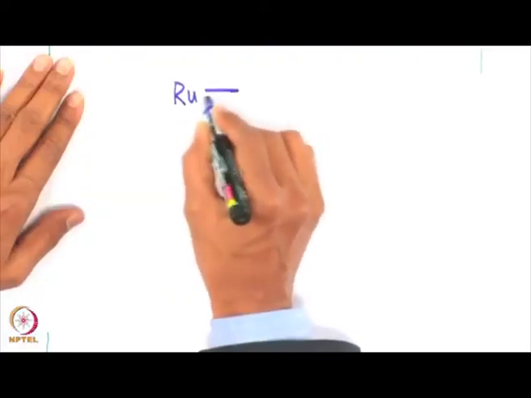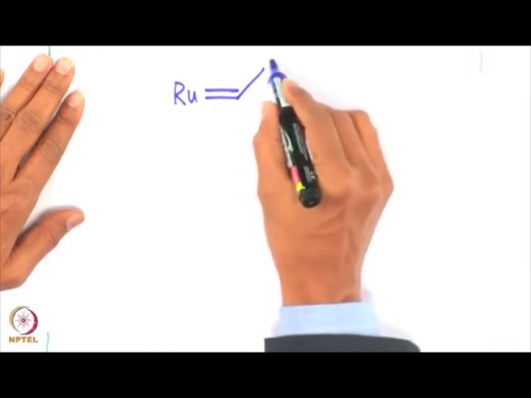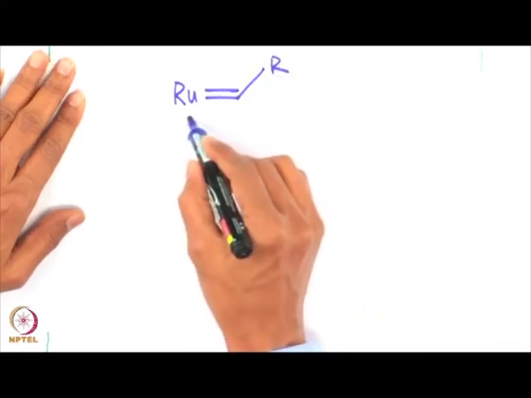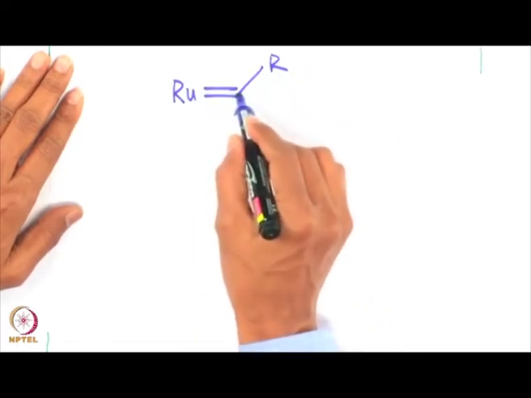Now, the Grubbs catalyst we need to discuss is the one which is most popular. We have this ruthenium complex. Once again, this is of Schrock carbene type, where you have ruthenium attached to the carbon center.